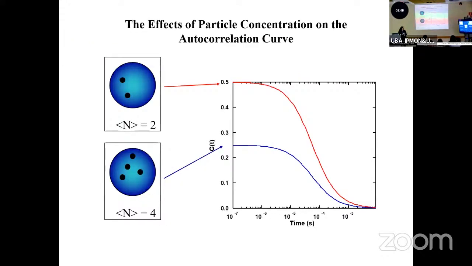All right, so let's go back to N. I showed you already that the amplitude changes and they're inversely proportional. So with few molecules, in this case there's 2, the amplitude is higher. With more molecules, the amplitude starts to decrease.